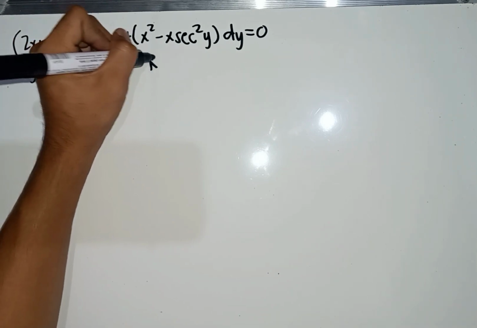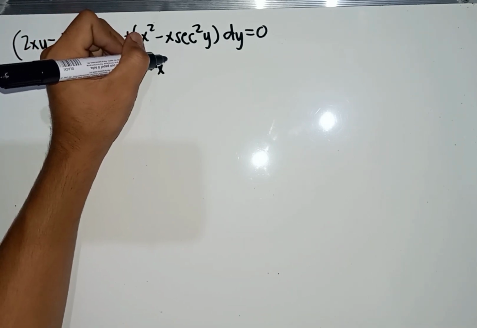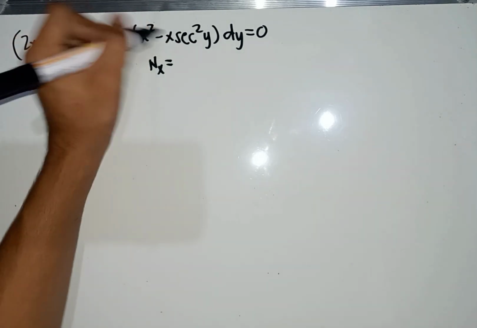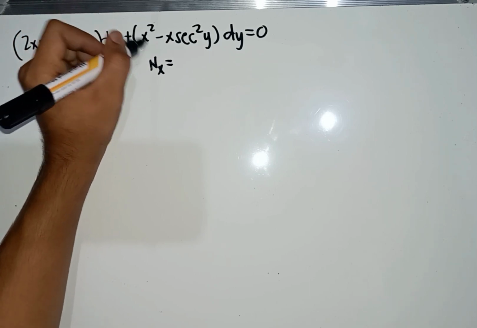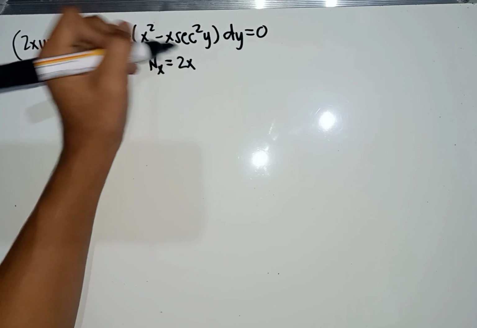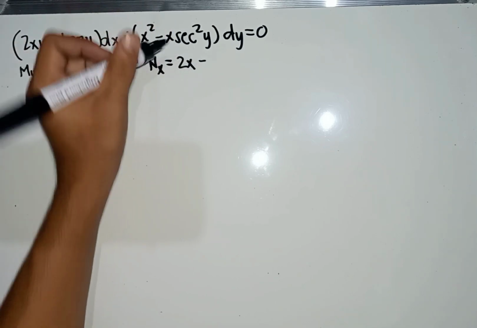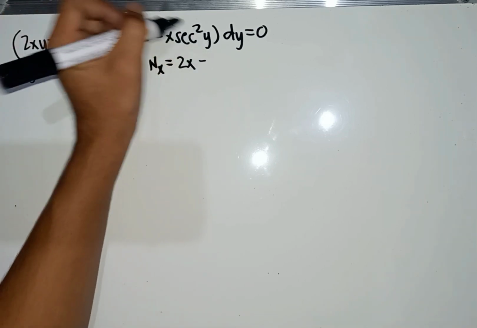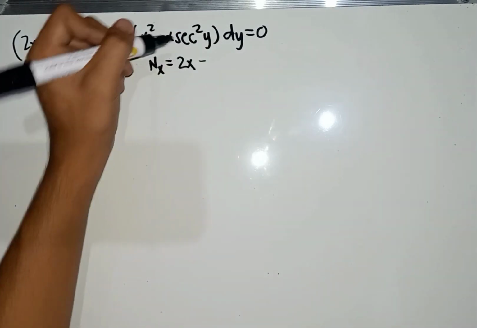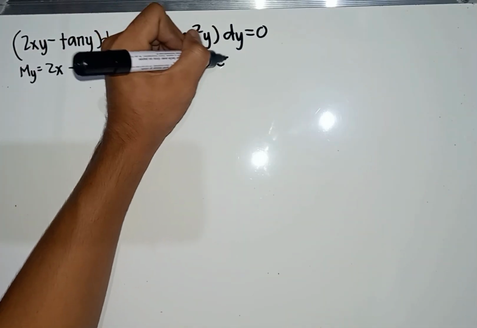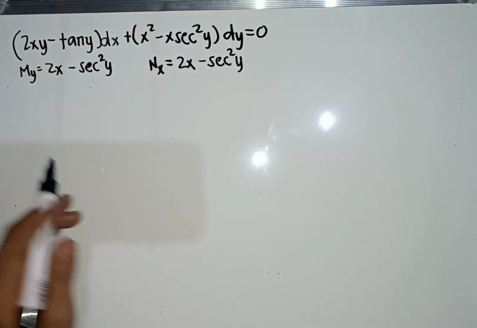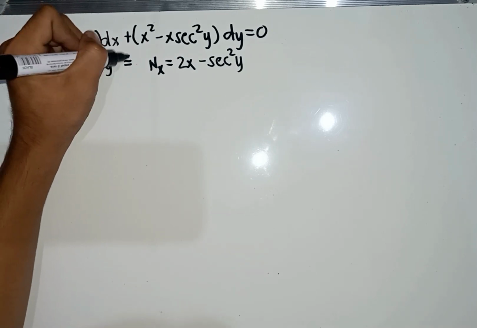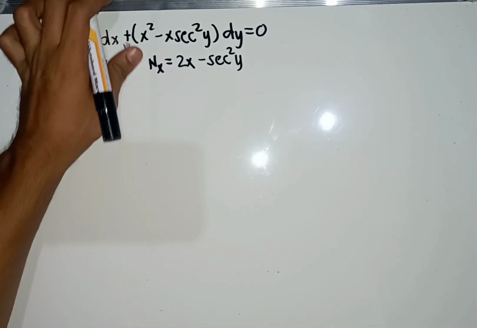N in terms of x is equal to the derivative of x squared, which is 2x, then the derivative of x secant squared y is secant squared y only. As you can see, they are equal.